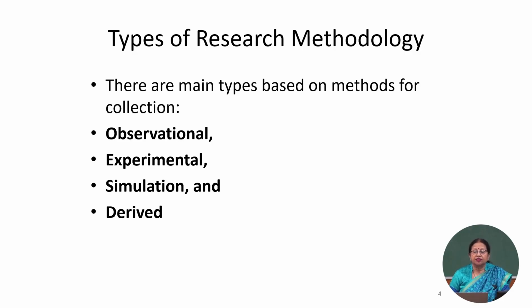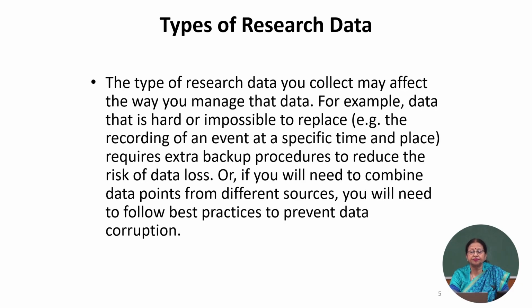Not only that, the treatise of any research in any field of science, arts, commerce, computers, or technology is based on these types of research, any one of them, or maybe more than one. That is what is to be understood very clearly.